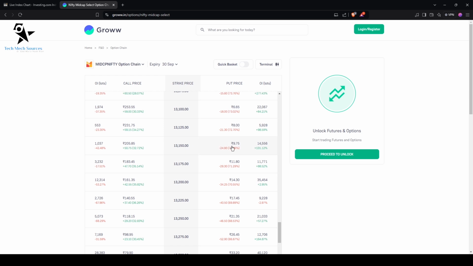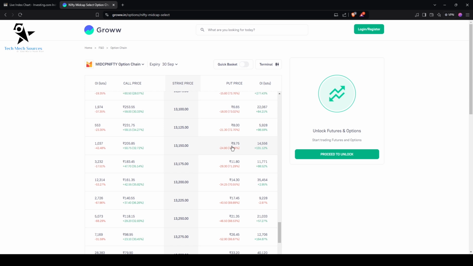So what I recommend is, if you are on the put side, you can buy the 13,150 put in the morning after 9:30, if the market is opening gap down.